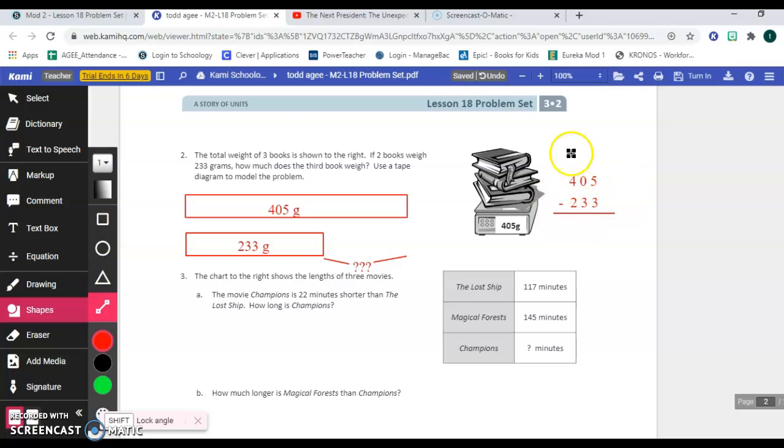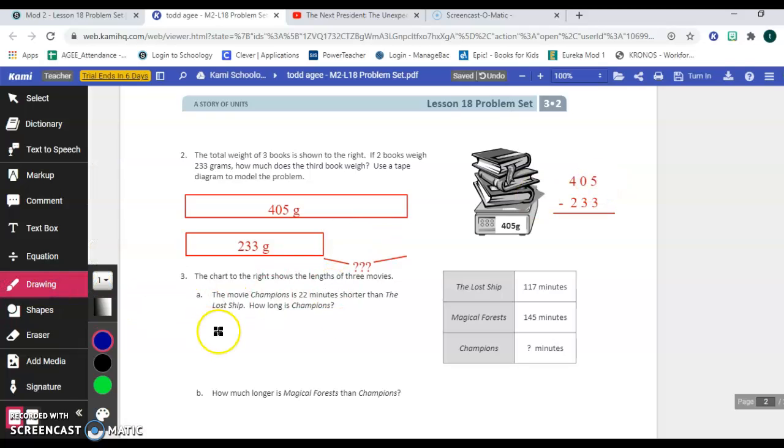So wherever you set up this problem, just make sure you've got some space up here to do that borrowing work. And you can see right here, you don't really need to borrow in the ones. You've got 5 in the ones, and you're taking away 3. So that's 2. And then 0, okay, 0, take away 3.